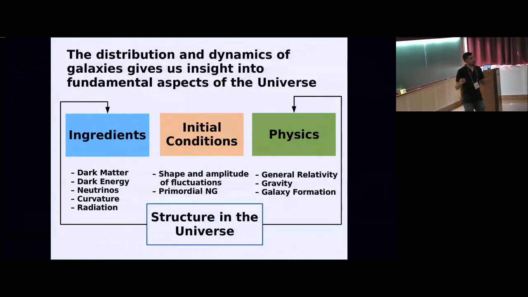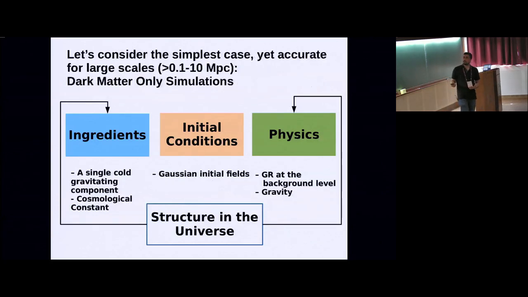Right, so for the sake of this lecture, we're going to make some simplifying assumptions. If we are interested in relatively large scales, above 100 kiloparsecs or so, we can make some simplifying assumptions. For instance, in the ingredients, we can treat all the different species as a single gravitating component.